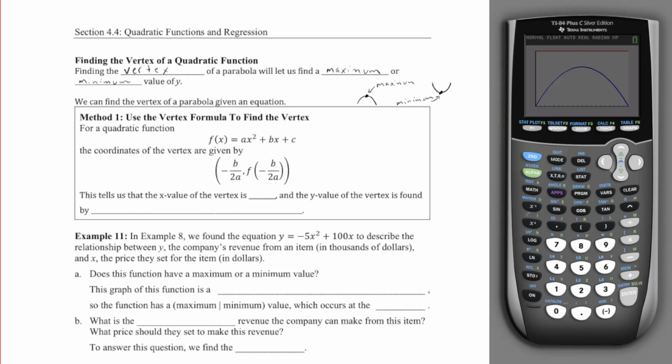And the way that this formula works is it gives us a formula for the x-coordinate, and then to find the y-coordinate, we evaluate the function at that point. The x value of the vertex is negative b over 2a, and to find the y value, we evaluate the function.